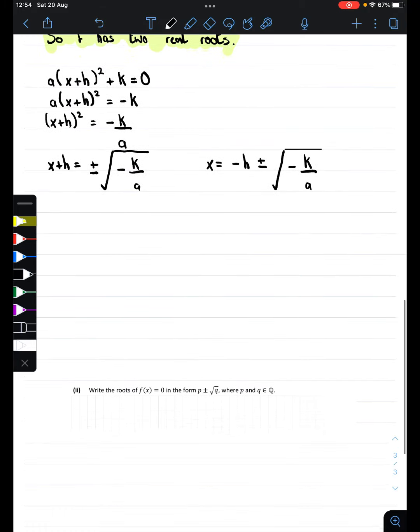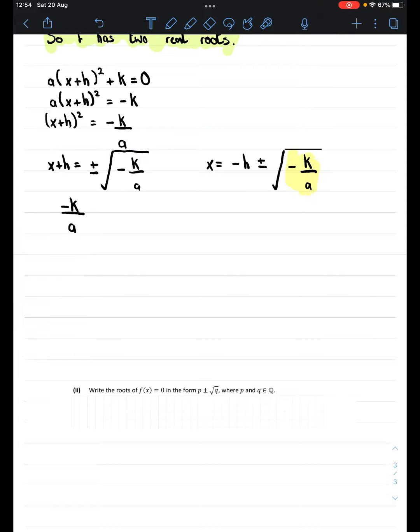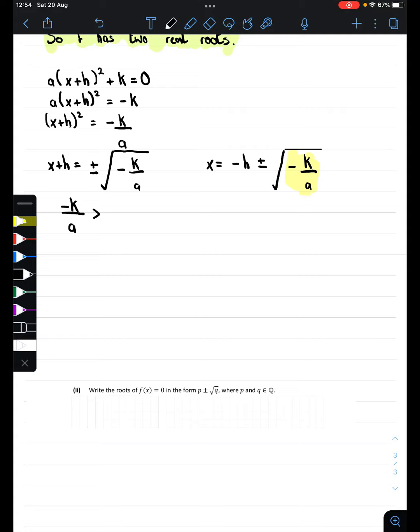And so when is it real? Well, it's real when minus k over a, the term in the square root, is positive. And this is positive when k over a is negative.